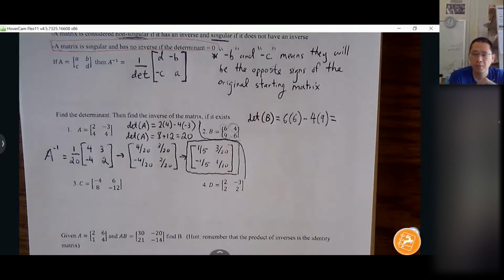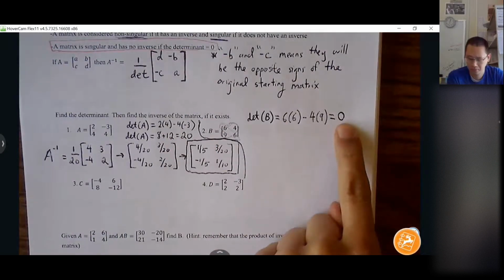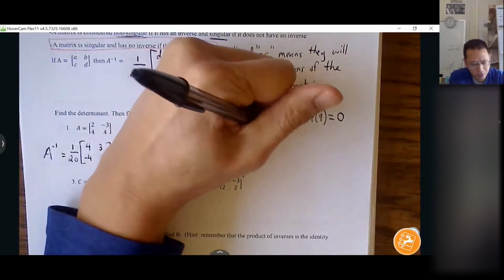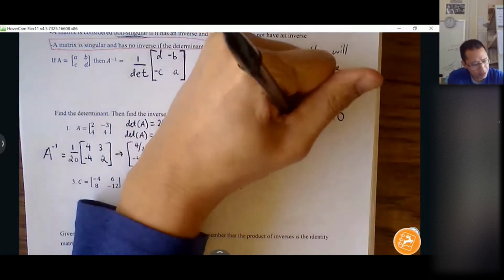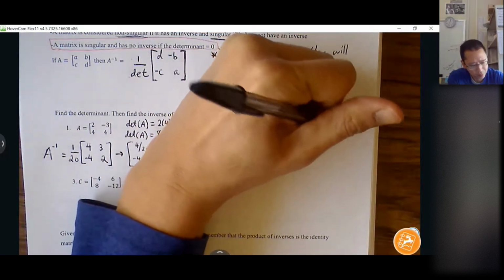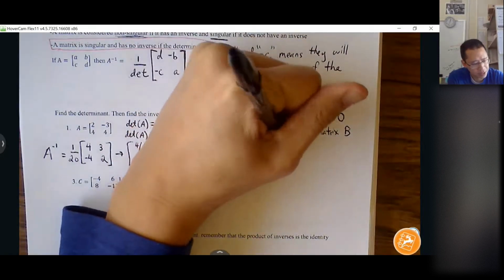What's our determinant? 0. What does that tell us? There's no inverse. No inverse, okay? No inverse for matrix B, because the matrix is singular.